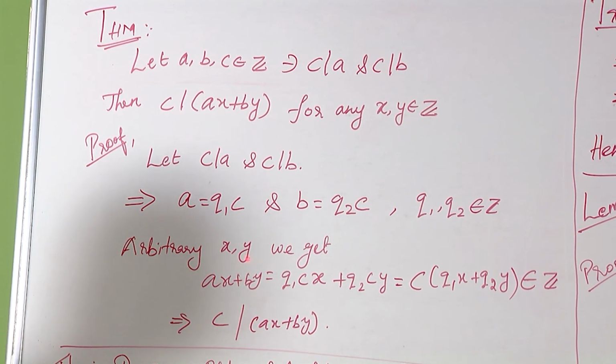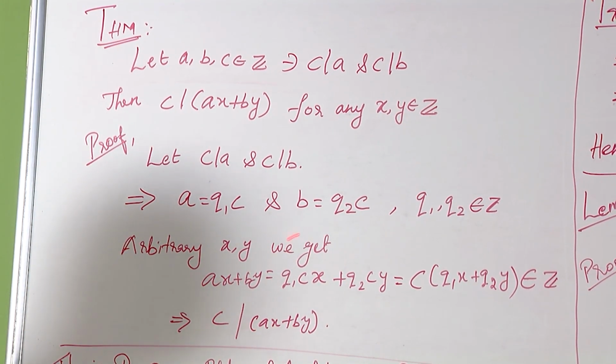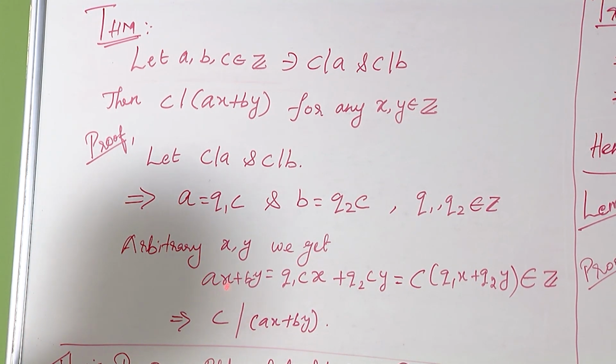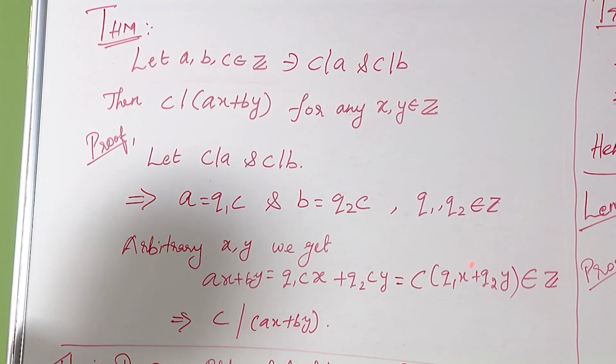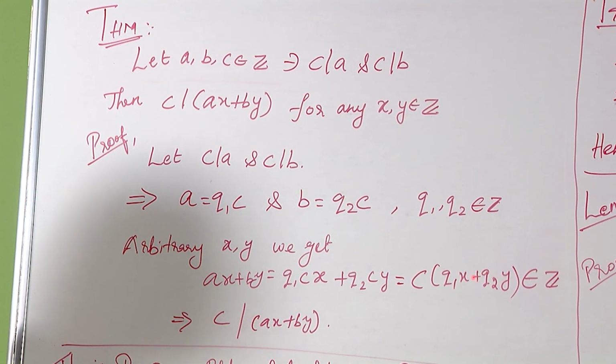Now, for arbitrary integers x and y, we are going to consider ax plus by. What is a? a is q1c, I am going to substitute here, and b is q2c, I am going to substitute that also. So I have q1cx plus q2cy, which is equivalent to c multiplied by (q1x plus q2y). Here q1 is an integer, q2 is an integer, x and y are also integers.